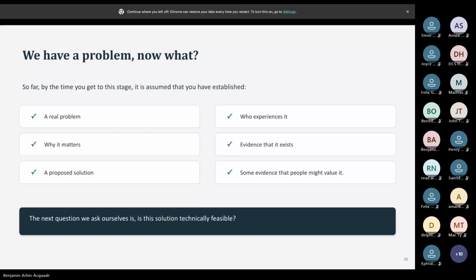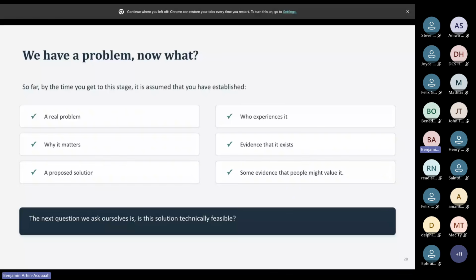So at that point, we assume you've seen a real problem, you know who experiences the problem and why it matters, and you have evidence that the problem exists. You have a proposed solution, and some evidence that people might actually value the solution you are proposing.